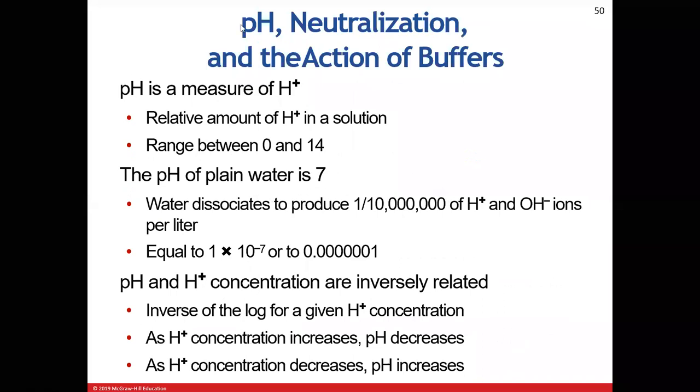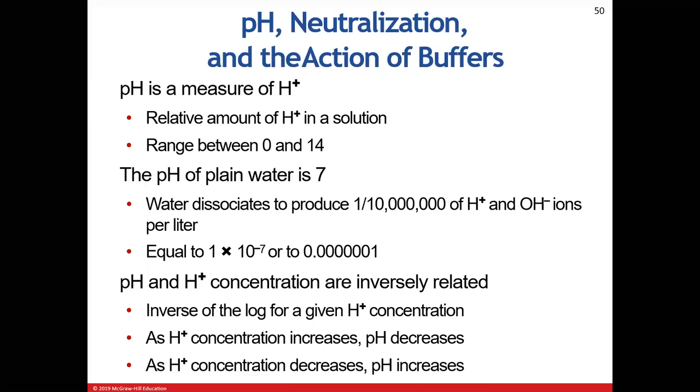So if we look at what pH is and how these hydronium ions and hydroxyl ions are interacting together, we have to really understand what pH actually is. pH is a measure of the hydronium ion concentration.